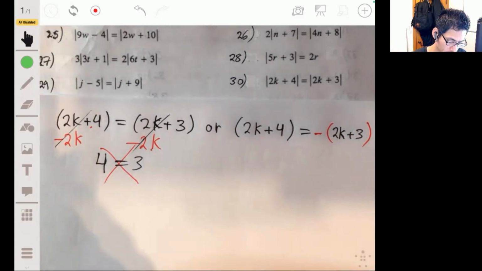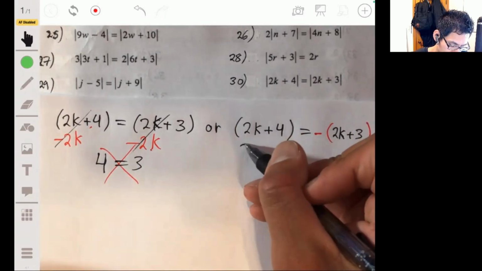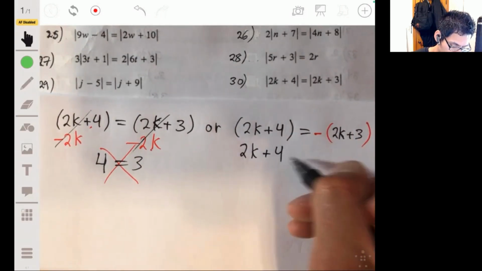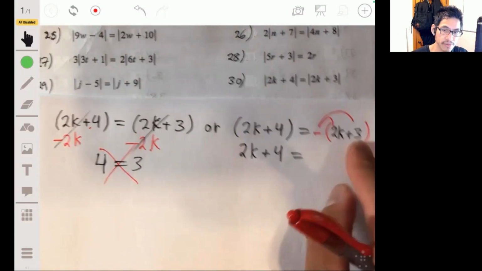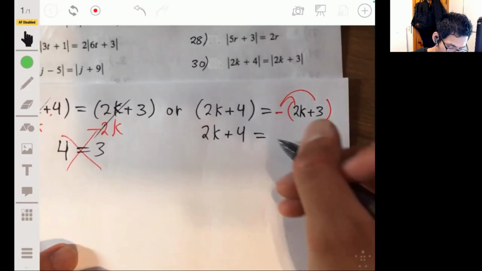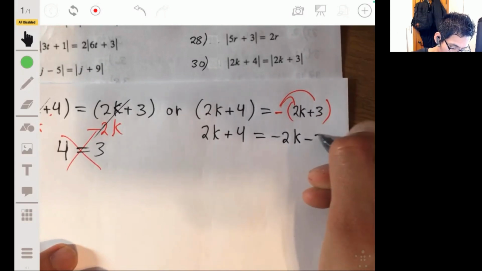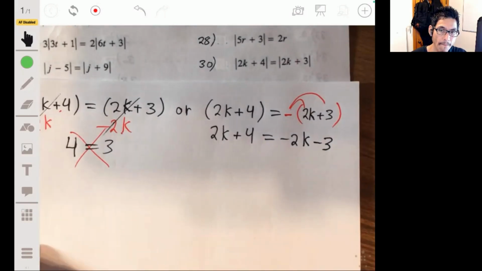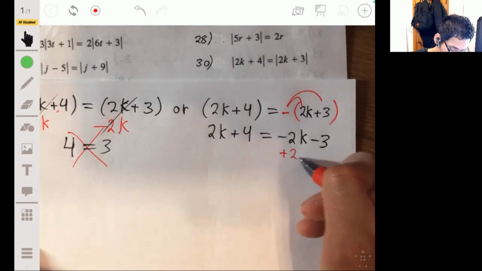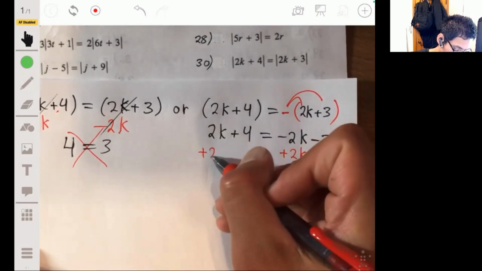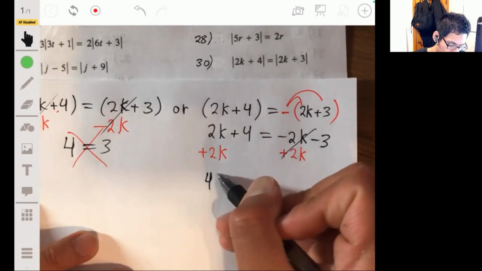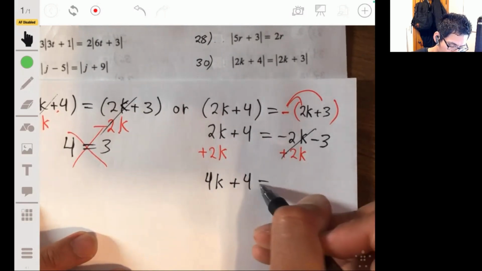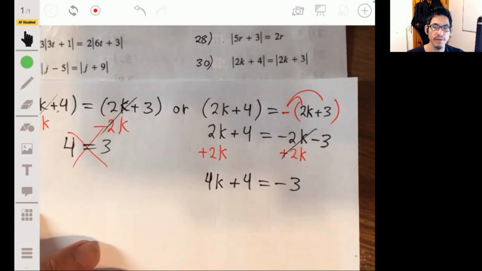So let's see what happens. So 2k plus 4 equals, distributing that negative sign to both the 2k and the 3, negative 2k minus 3. Let's add 2k to both sides. So we get 4k plus 4 equals negative 3.